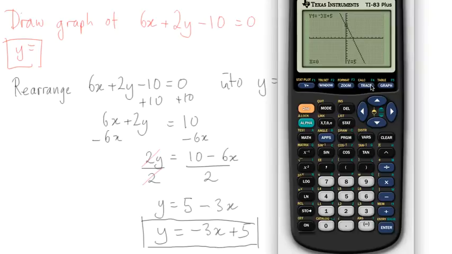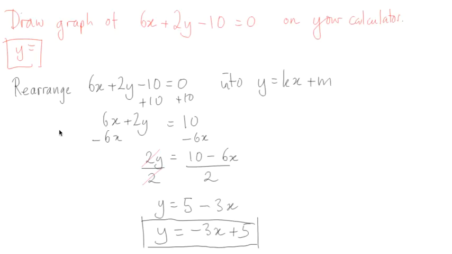And it looks like that. It has a negative slope and it goes through the y-axis at 5. Perfect.